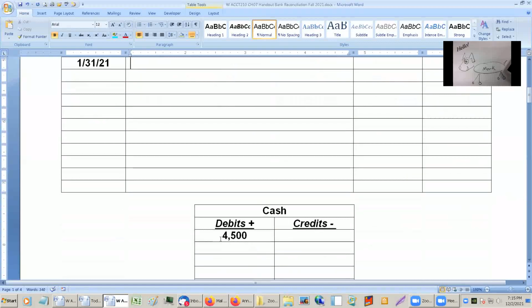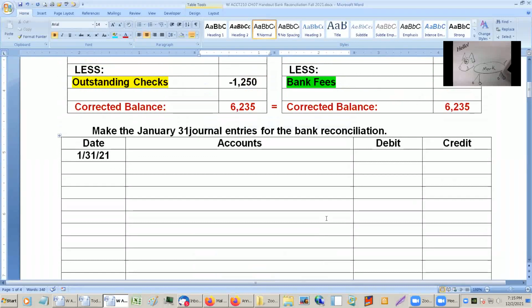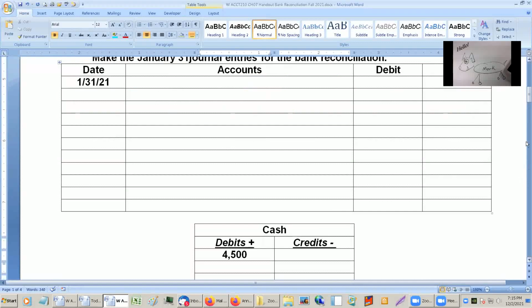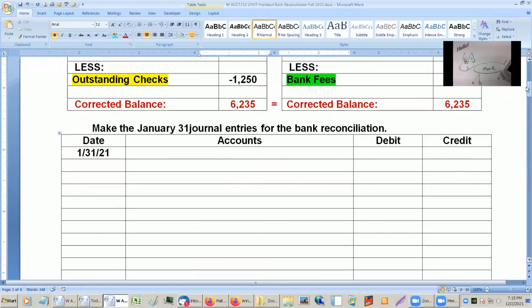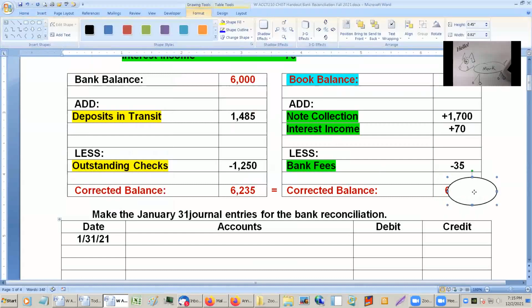This account still shows that it has $4,500, the cash account. Now, we know that that's not right. We know that the correct cash is 6,235.